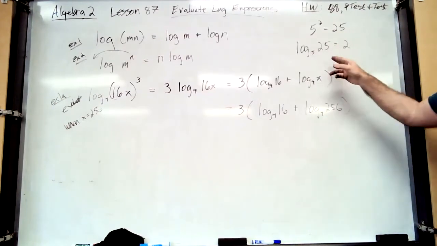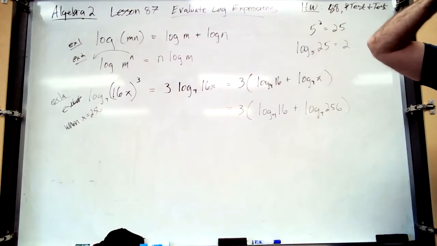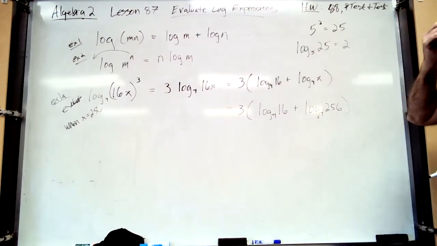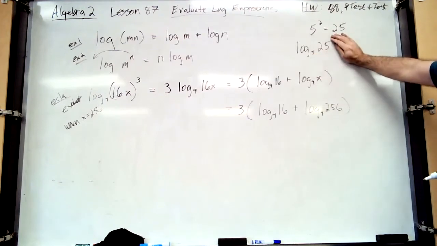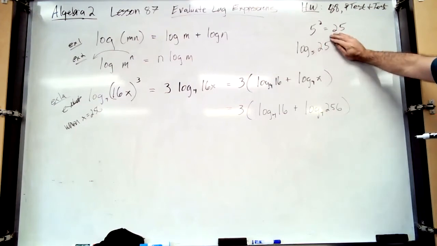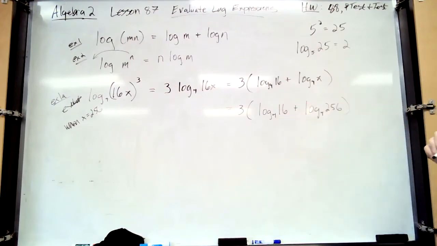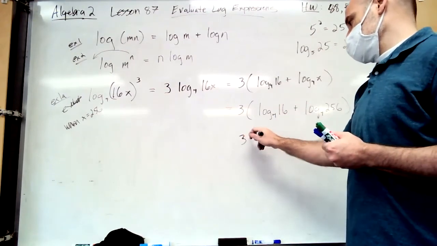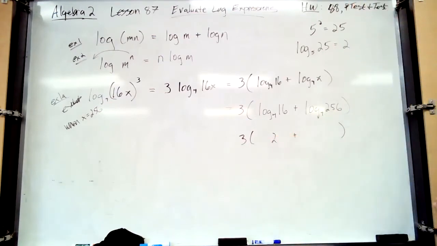The logarithm is just rearranging an exponential equation. So what exponent do you apply to 5 to get 25? 2. So what exponent do you apply to 4 to get 16? 2. Does that make sense, Delaney?